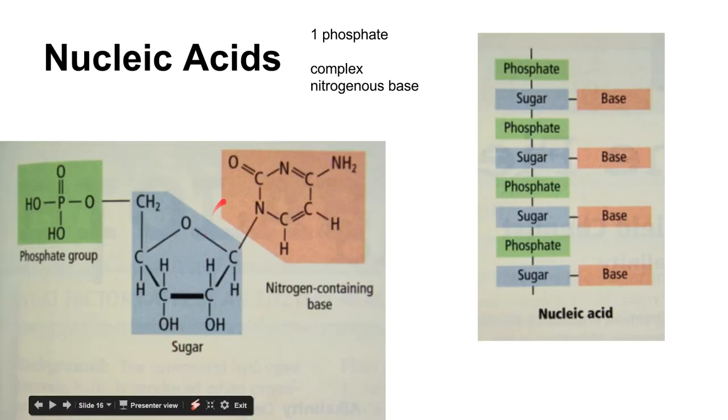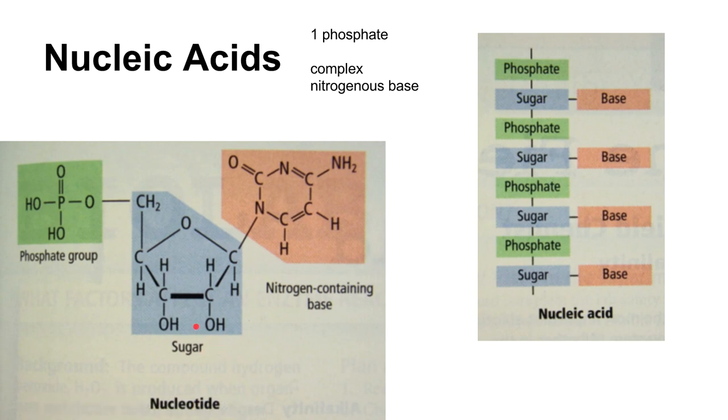Nucleic acids. This is what our DNA and RNA is made up of inside of our nucleus. So we have one phosphate. You should see a phosphate here. You should see a sugar. So when we talk about DNA, we're talking about deoxyribose nucleic acids.